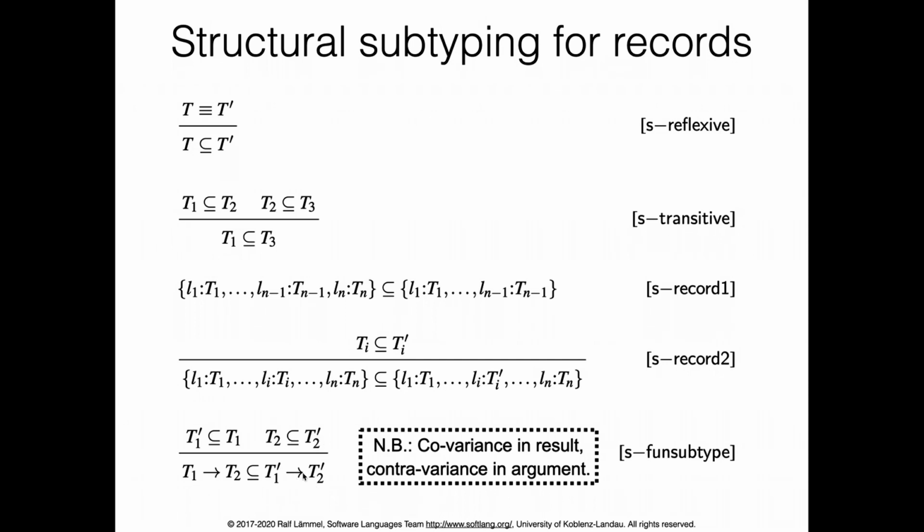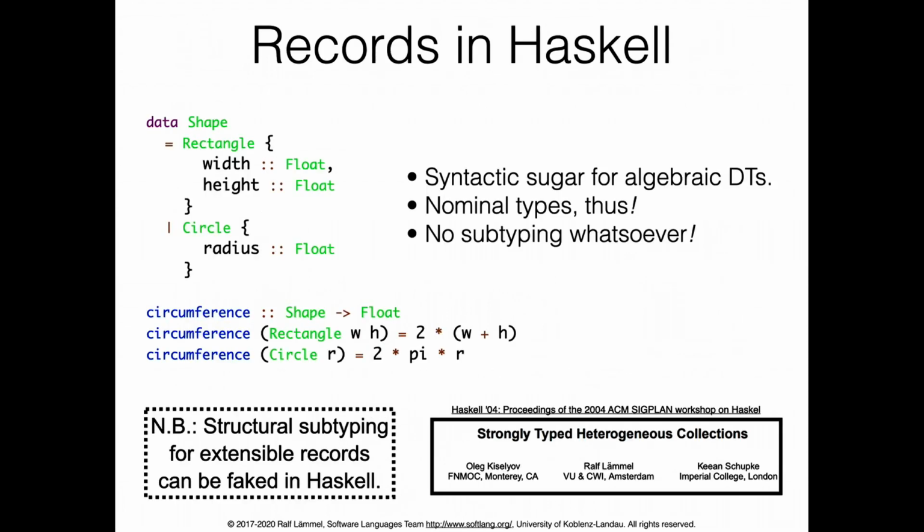So we call this covariance, the same order for the result, and contravariance, a different order, if you like, for the argument. To understand that this is the type-safe choice, and that this can also be used to some extent, we could easily fill up a lecture on covariance, contravariance, invariance. I'm not going to do this here, but there are of course more details in the book.